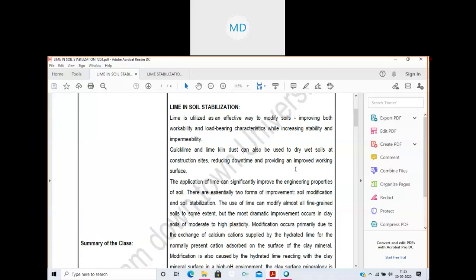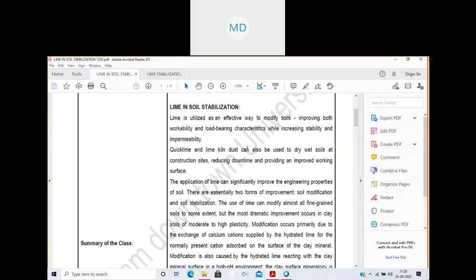So there are various types of lime we know. This lime is used to modify the strength, workability and load bearing capacity of the soil. Then limes are of various types. Generally for stabilization purposes, quicklime and hydrated lime are used, and lime kiln dust.